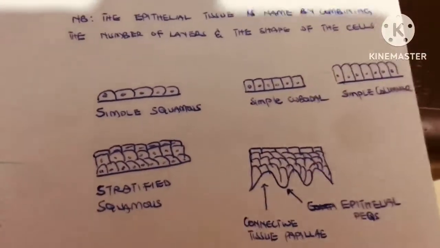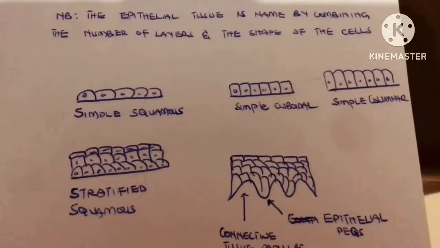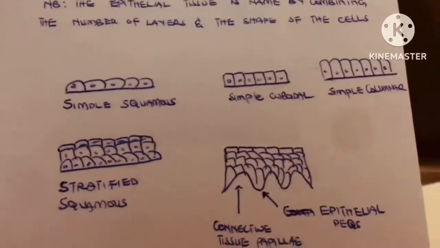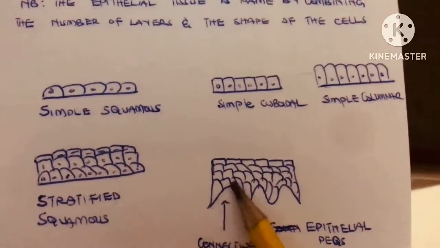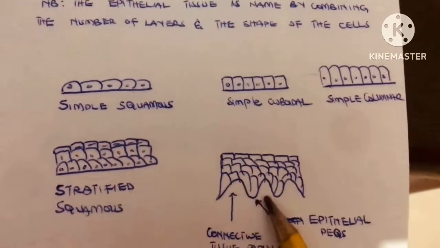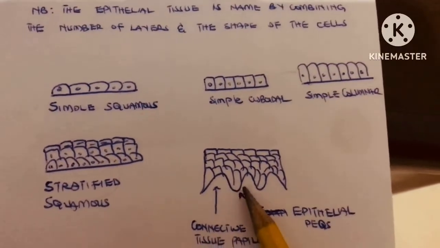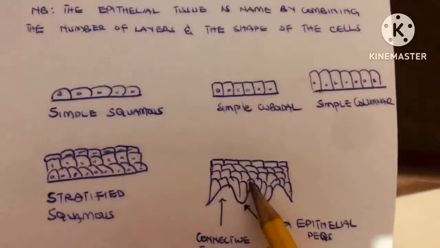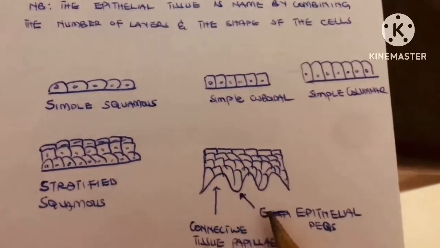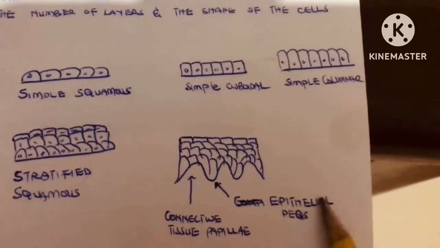Let me say this about stratified squamous epithelial tissue. There is something about them that can help you to identify them easily, and that is when you look at their basal part, or the basal membrane part, you can see that the epithelial tissue dips into the connective tissue to form these structures, and we call them the epithelial pegs.